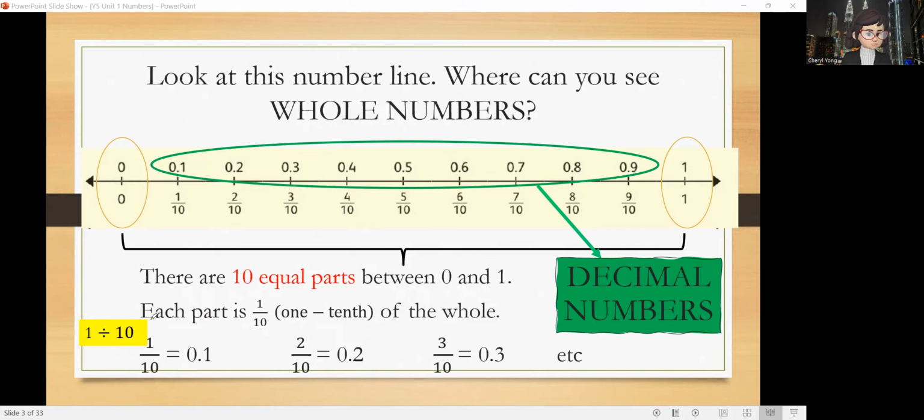All right? How about these? What are these called? Remember, these are fractions. Okay, these are called fractions. We call it a fraction because it is a fractional part of a whole.